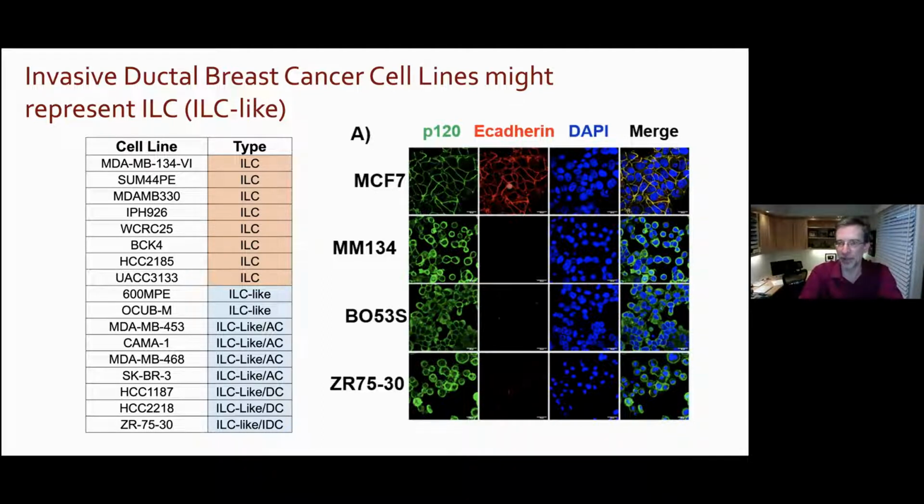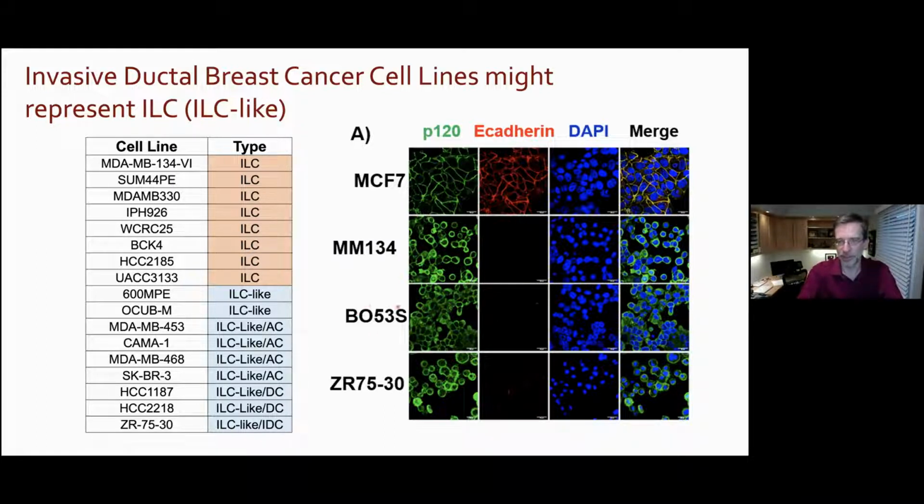It has E-cadherin. The cells have adherens junctions and bind tightly together because of the E-cadherin. This is an ILC cell line, MM134, right here. It lacks E-cadherin. That's why it's ILC. And because of that, the cells now don't attach to each other. And you can see there are individual cells here because of the lack of E-cadherin. And that's the phenocopy and genotypic arrangement for ILC.